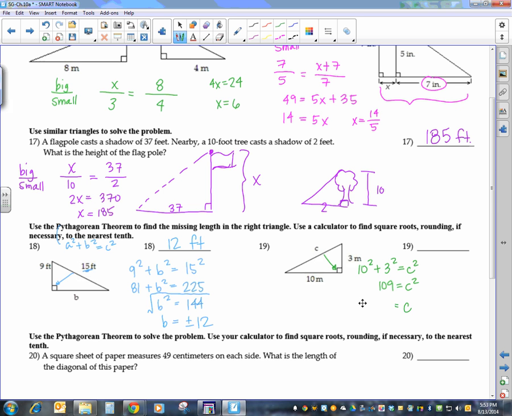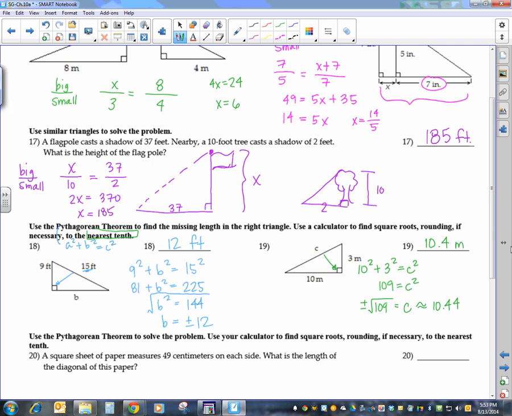So c equals plus or minus the square root of 109, which is, as a decimal, 10.44. And hopefully you read your directions. It said round to the nearest tenth. So if I round this to the nearest tenth, it will be 10.4 meters.